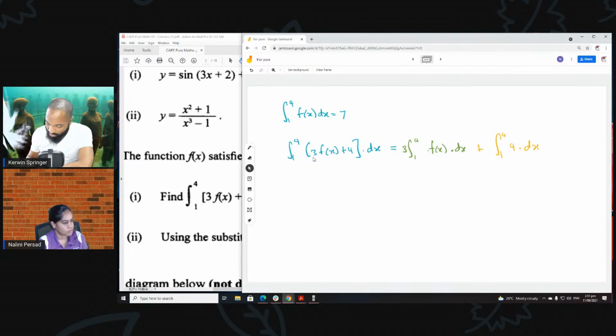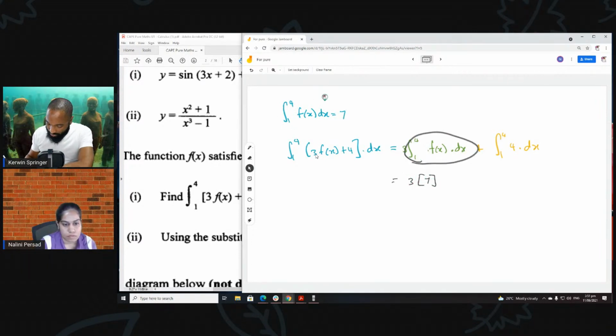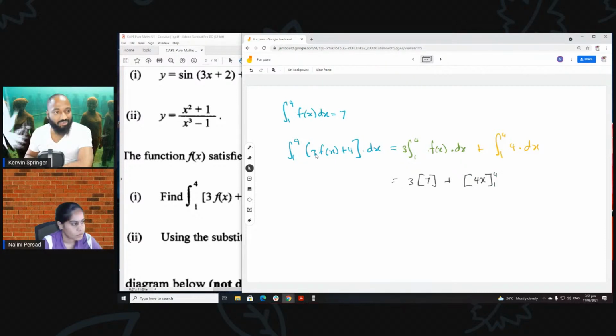And now we could deal with the 4. Because when you integrate a constant, we get something. So this is 3 times, by the way, this is just 7. Because this is this, right? So plus, and this is just 4x between 1 and 4.